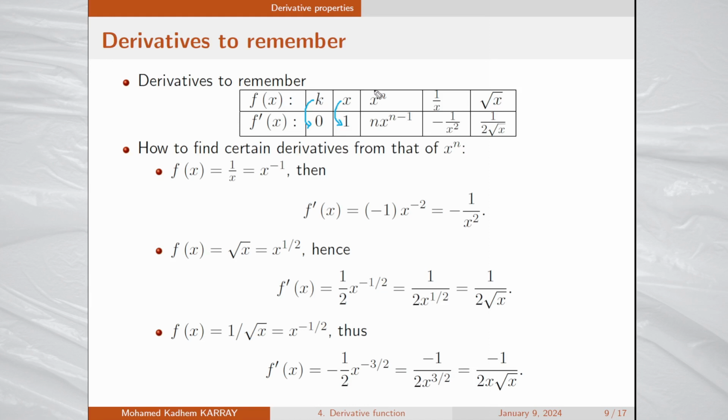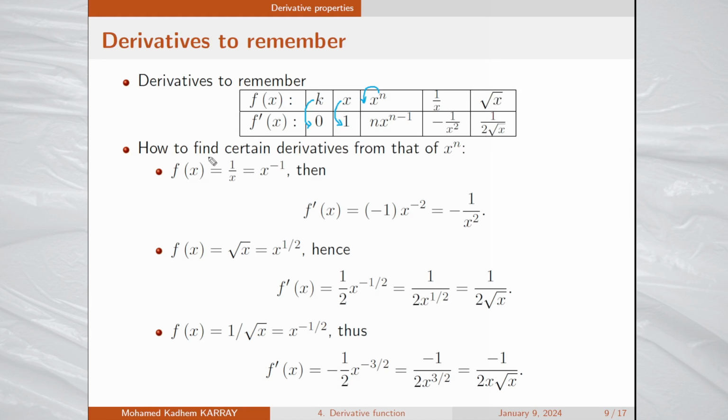So you can remember this formula by saying that the power n falls down, and then we subtract 1 from the power. The derivative of 1 over x is minus 1 over x squared. The derivative of square root of x is 1 over 2 multiplied by square root of x.